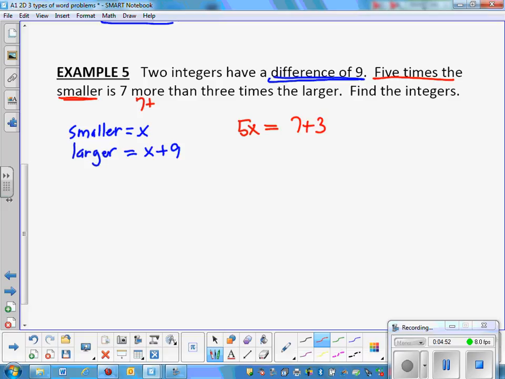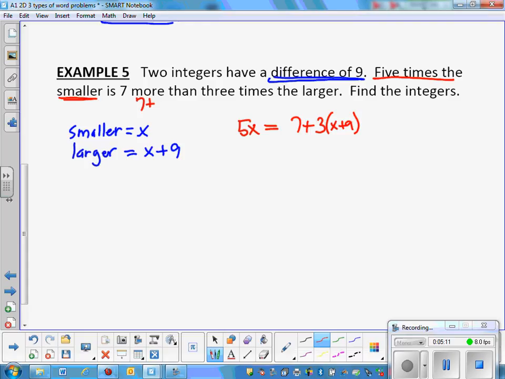And the larger is represented by the expression x plus 9. So I will put that in parentheses because it's going to be 3 times the entire expression. So there I have it: 5 times the smaller is 7 more than 3 times the larger.